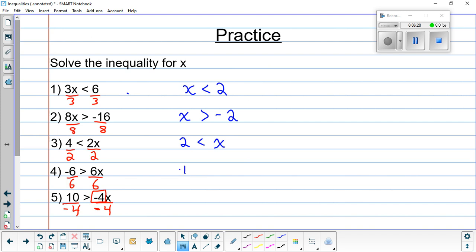A negative divided by positive is a negative, and we're left with just x on the other side. 10 divided by 4 is 2.5, right? 10 divided by 4, 2 goes into 4 twice, so we get negative 2.5 is greater than x.